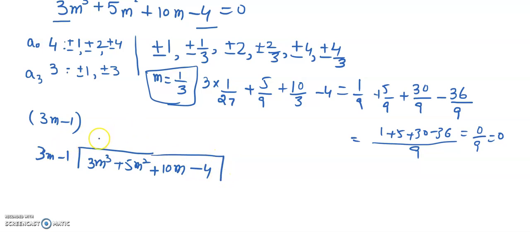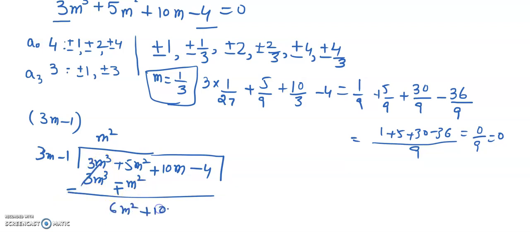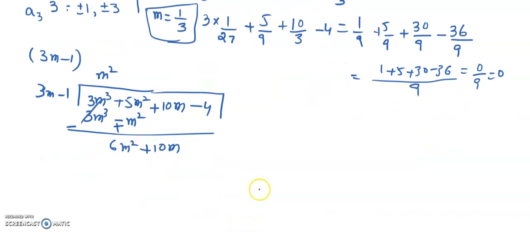So we multiply by m squared, so it will be 3m cubed minus m squared. So subtract it: 6m squared plus 10m. Next we multiply by 2m.